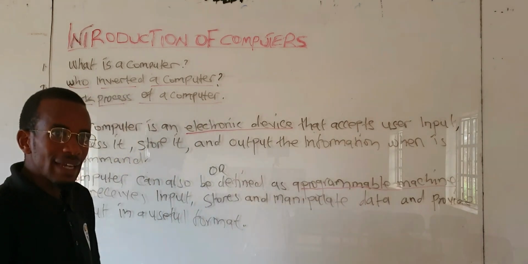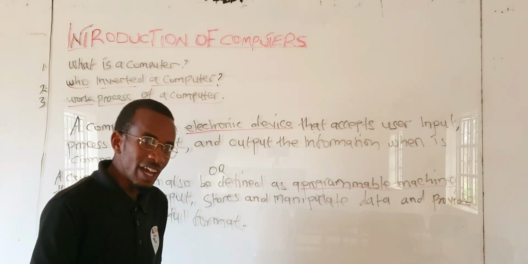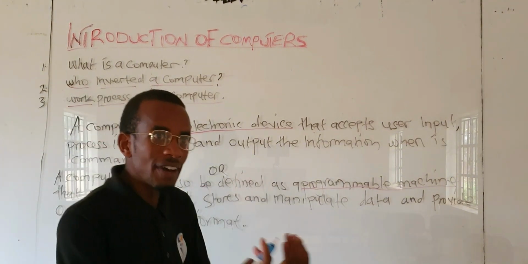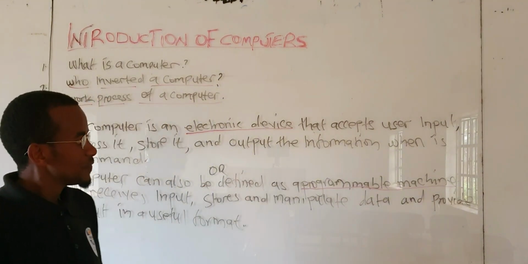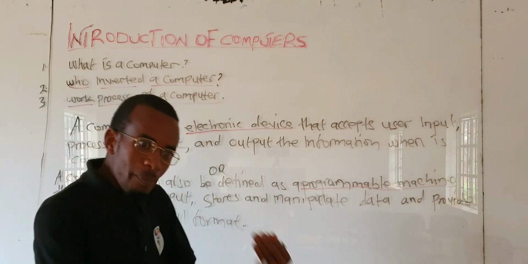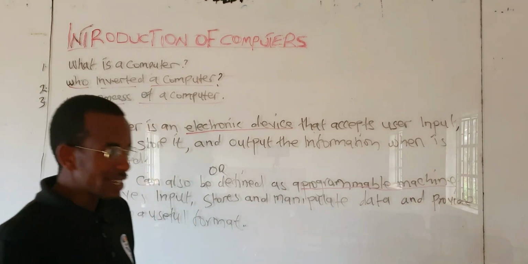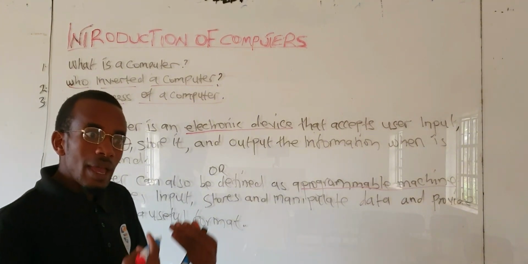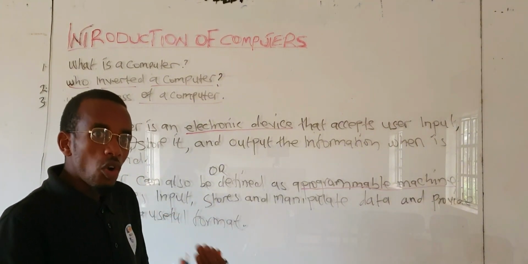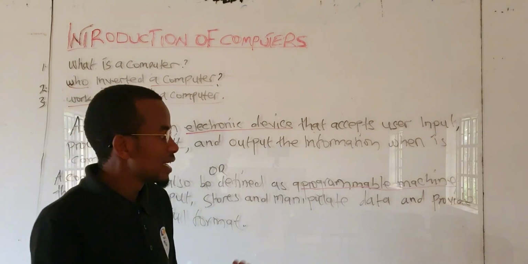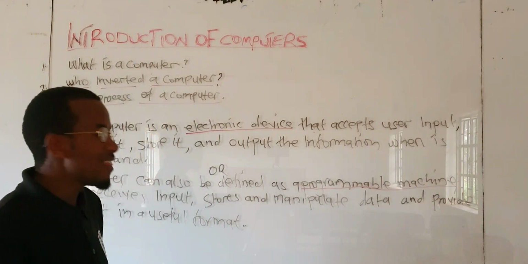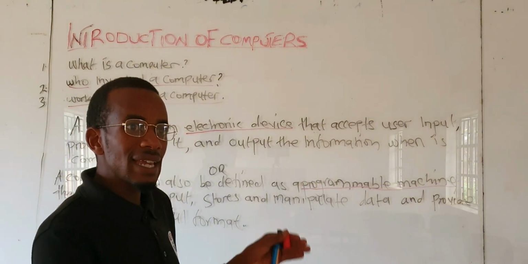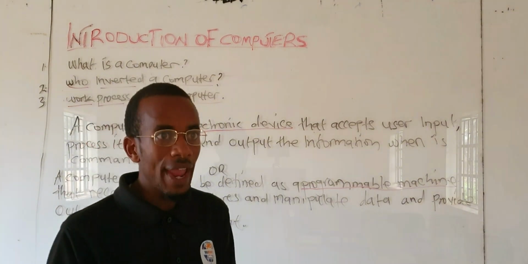So when you're defining a computer, you start by saying it is an electronic device or is a programmable machine. So those are the basic concepts that we want in your definition. And then also you arrange your words in a systematic way.